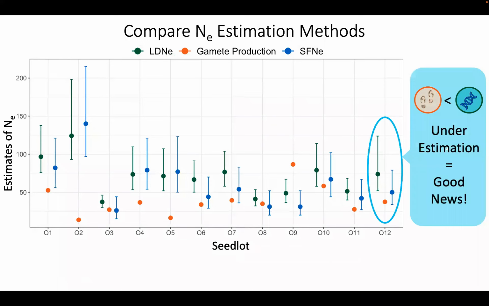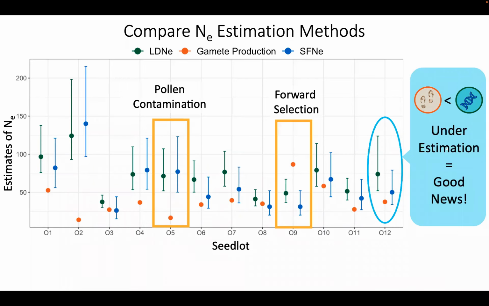And then when we look at that second bit where we're comparing the different estimates of effective population size, we see that our gamete production estimates in orange are quite similar to our two genomic estimates in green and blue. And most times they're actually underestimated, which is really great news for genetic diversity. It means that what's going on in the landscape is more than what had been the minimum for monitoring.